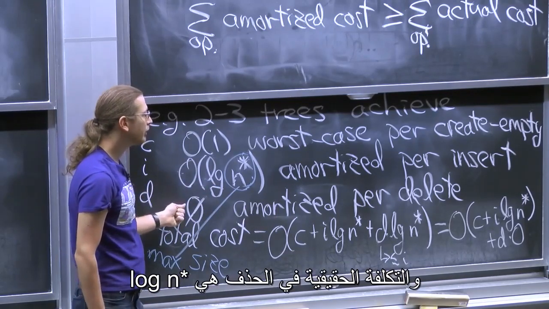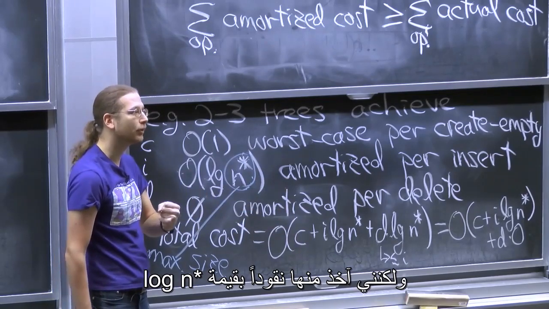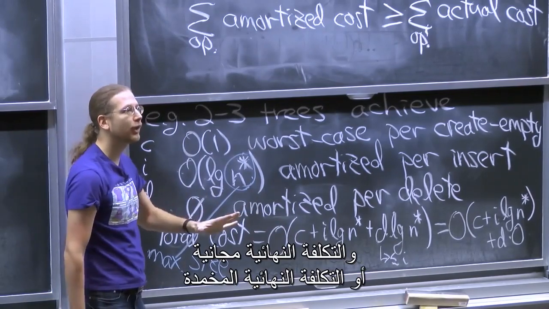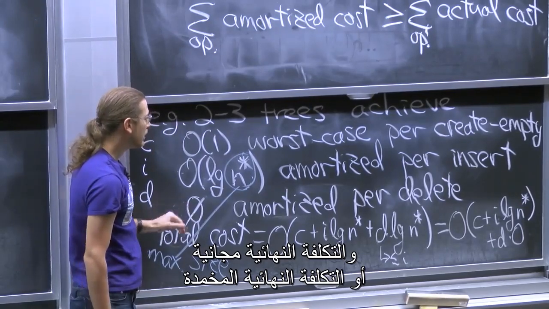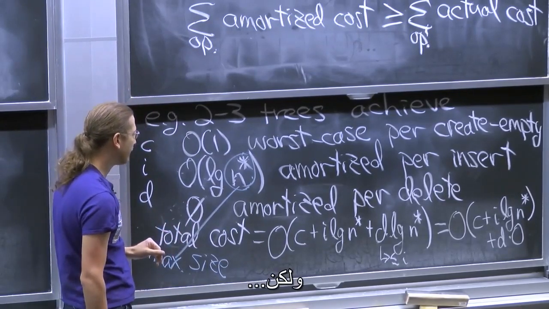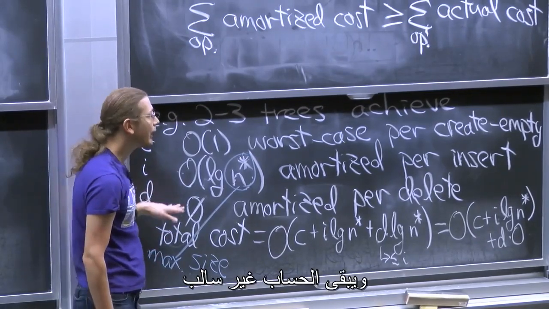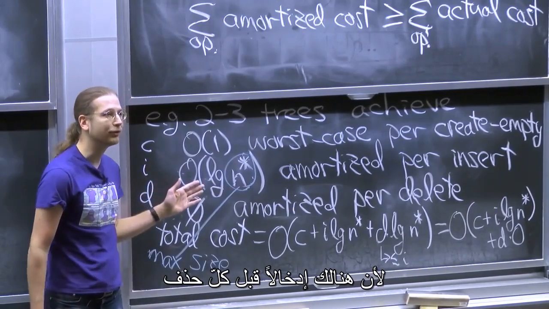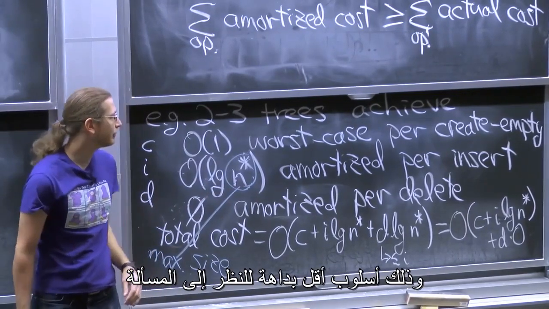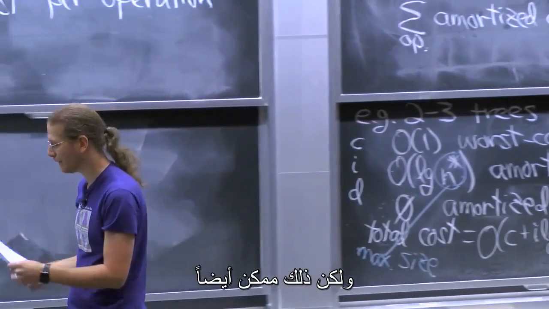When I do a deletion, the real cost is log n star, but I'm going to extract out of it log n star coins. And then so the total amortized cost is actually free. And the reason the balance is always non-negative is because for every deletion, there was an insertion before it. Okay, so it's maybe a less intuitive way to think about this problem, but you could think about it that way.